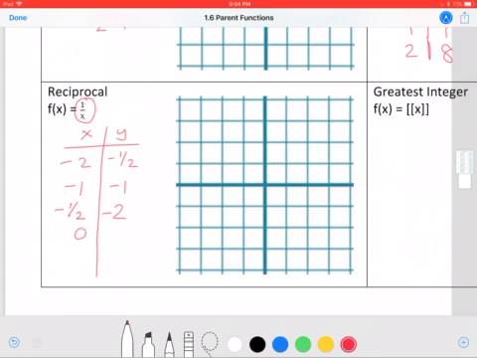What's 1 divided by 0? Undefined. And then the positive ones work the same way. So the reciprocal of 1/2 is 2. The reciprocal of 1 is 1, the reciprocal of 2 is 1/2. Let's graph those.